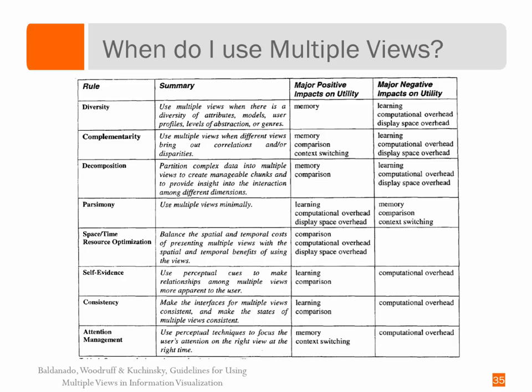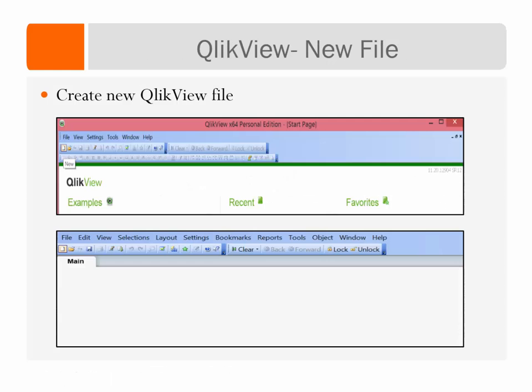The data is complementary. Do you want to do decomposition, parsimony, space and time resource optimization? Is there some self-evidence, consistency, attention management, etc.? So I'll leave this for you guys to utilize as a reference guide, but it gives you the underlying rules that are appropriate in deciding to use a small multiple.